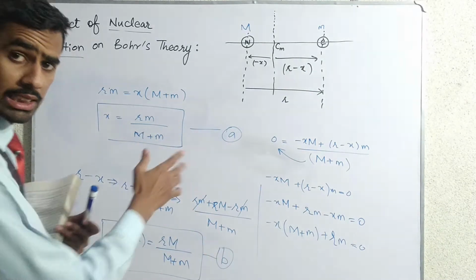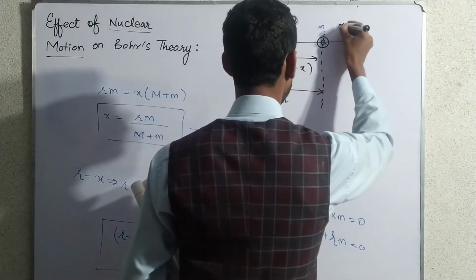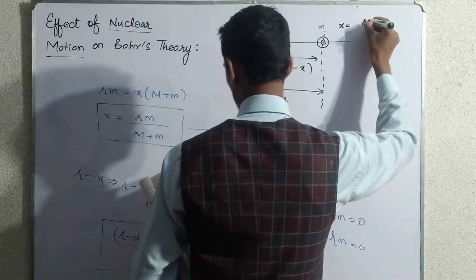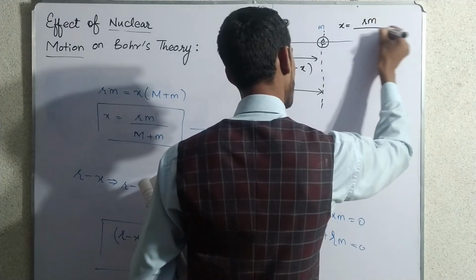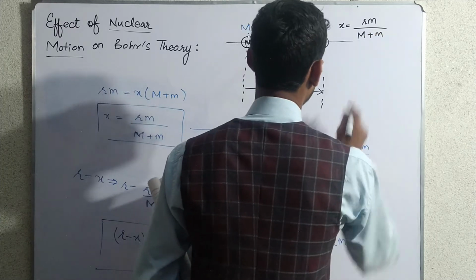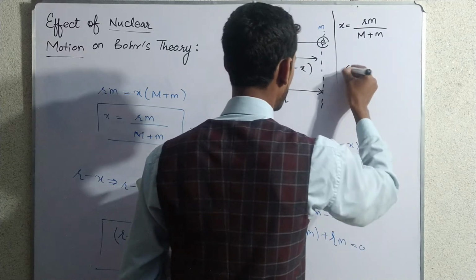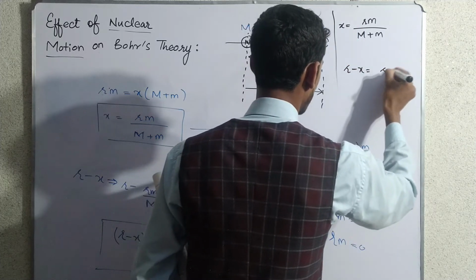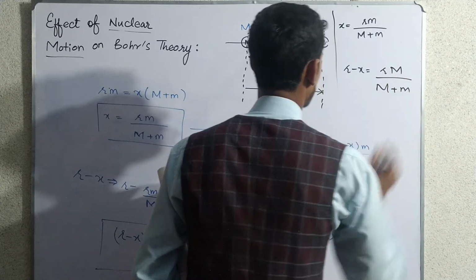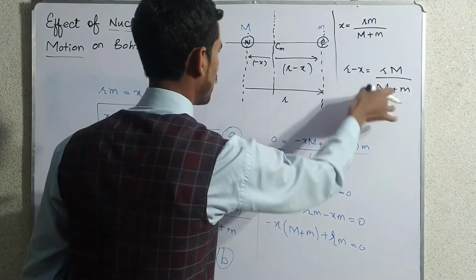So I'm going to write these equations here above. x equals r small m divided by total mass m plus M, and similarly R minus x equals R capital M divided by total mass m plus M. So these are the two equations we have found out.